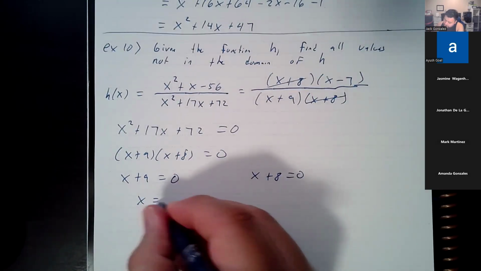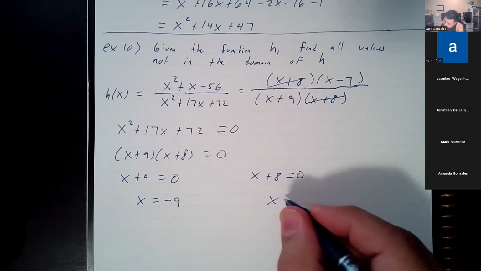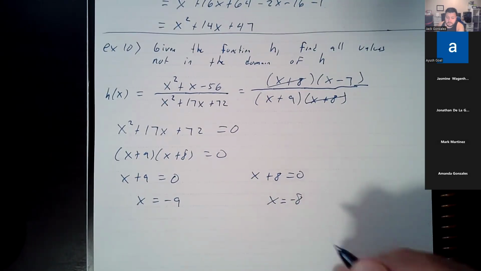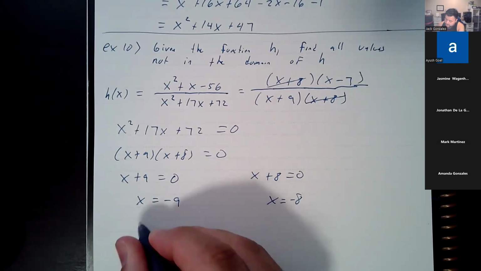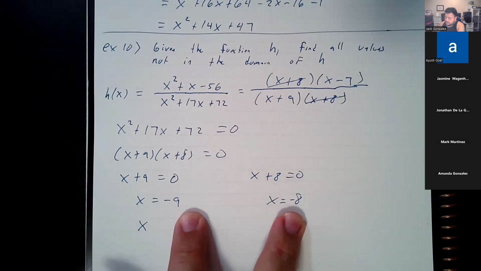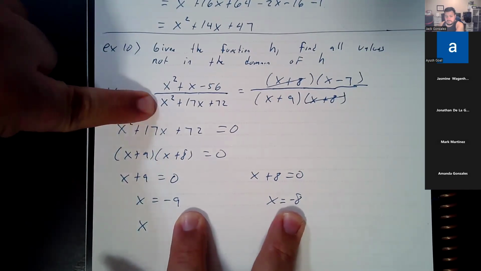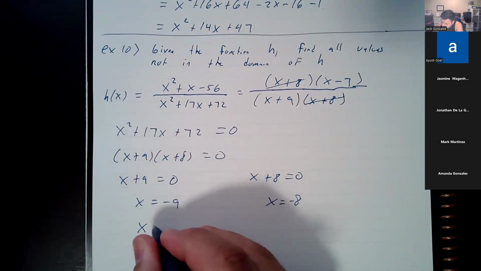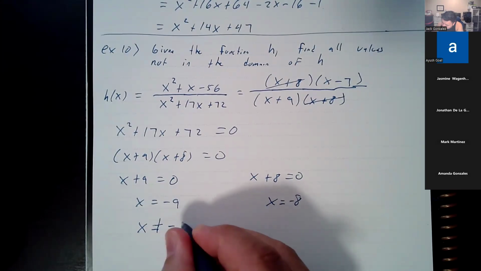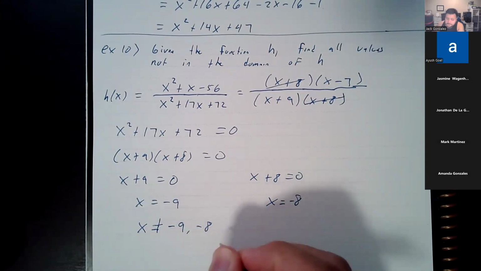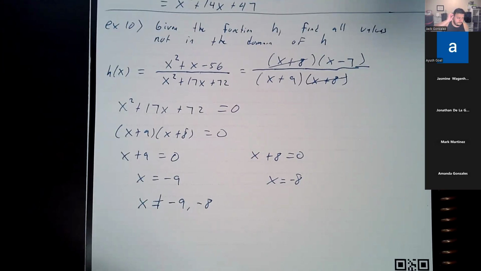So we'll solve this. These values make the bottom zero, but we cannot have the bottom be zero. So what is not allowed in the domain? These two are not allowed. Does that make sense?